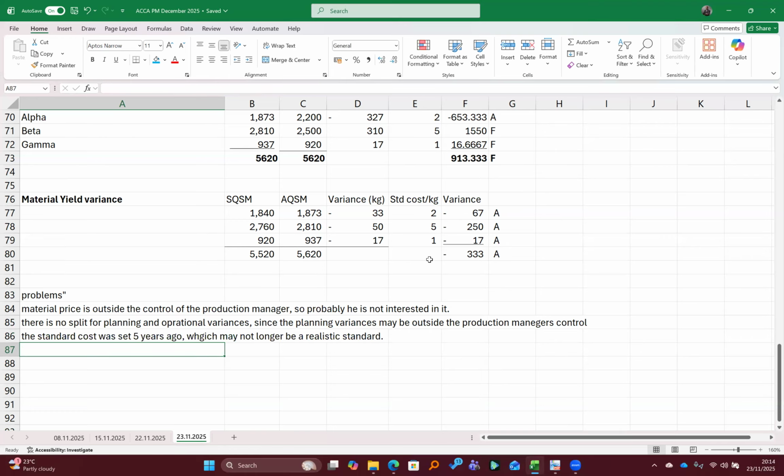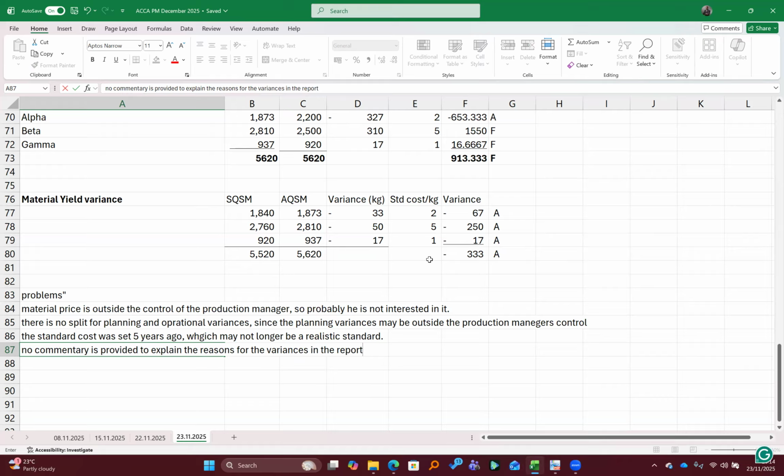And you have to say, of course, standards have to be achievable, realistic, and all that. And the one which is set 5 years ago may no longer represent the actual. Then also, no commentary is provided to explain the reasons for the variances in the report. So it means that you can't have an idea of what has gone wrong so that you try to correct it.